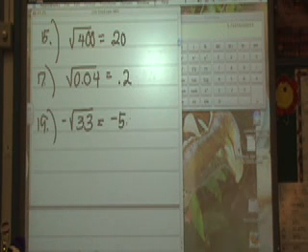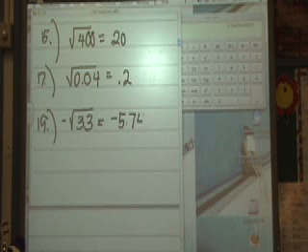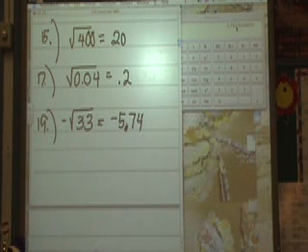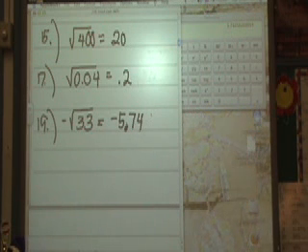Well, it's a negative 5.74, you're only in thousandths. 5.744. You have to use the number after the second 4 to decide what to do with that 4. Oh, it's 5.745. Right.